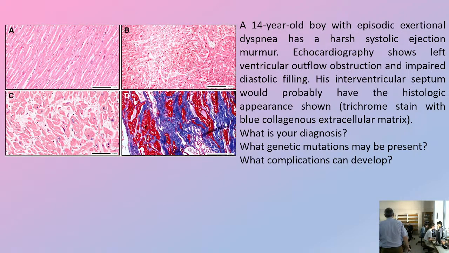So what do we see here? We see an increased size of the heart, some sort of deformation mainly affecting the septum between the two ventricles.